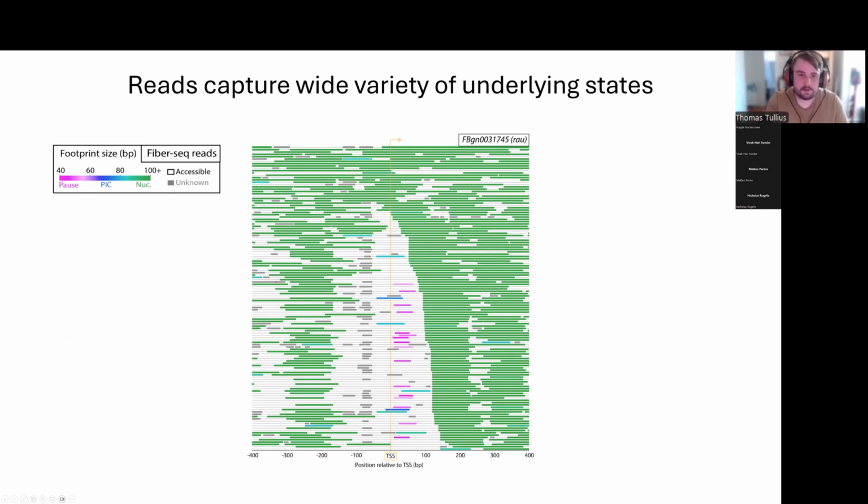So for example, the green rectangles represent nucleosomes, the pink ones represent paused Pol II, and the blue ones represent the pre-initiation complex. And then there's also some gray ones, which we didn't really identify for the purposes of this paper, such as those that are upstream, probably transcription factors. We identified these based both off of size and also off of orthogonal short read data, providing evidence such as PRO-seq and CAGE-seq data.